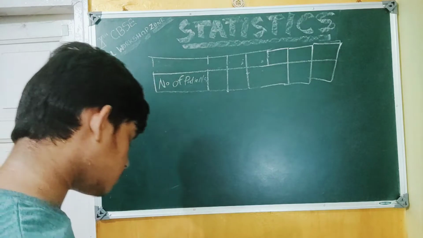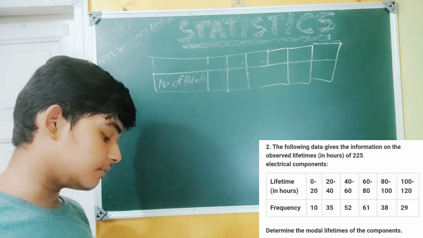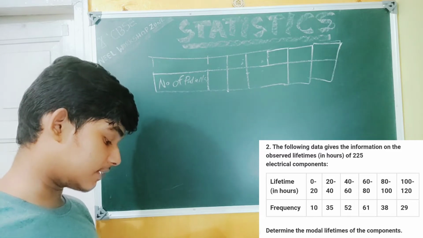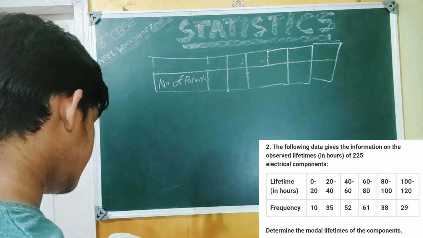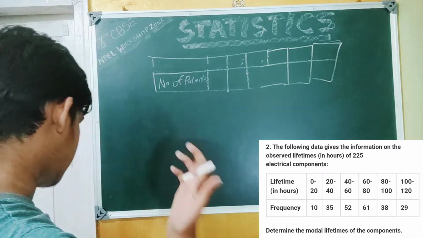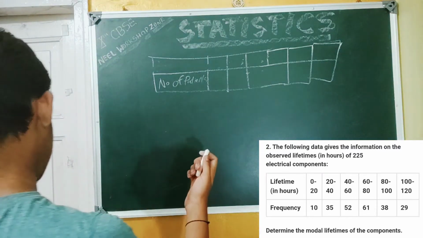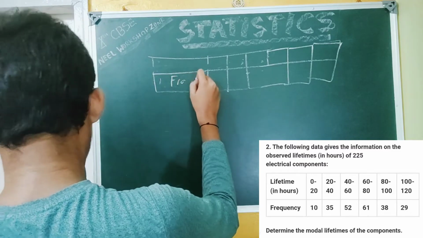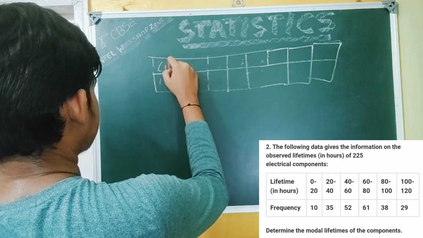The question now is: the following data gives the information on the observed lifetimes in hours of 225 electrical components. So this gives us the observed lifetimes of 225 electrical components, how much time they work. Let's write lifetimes and frequency.